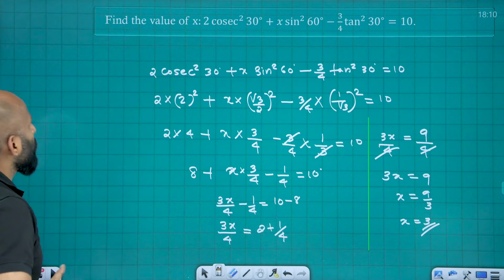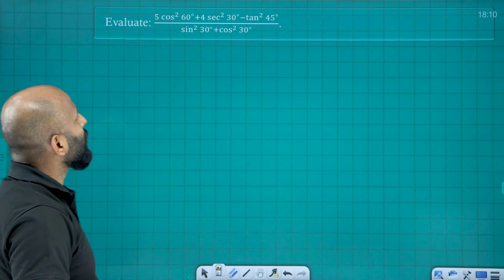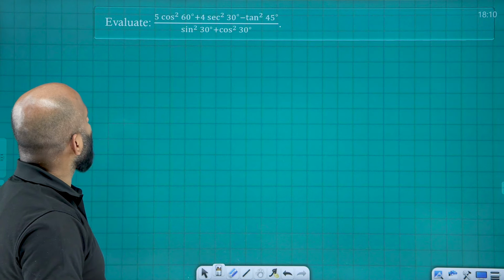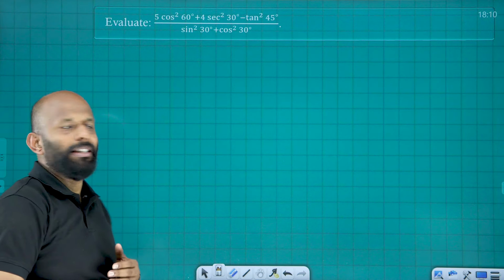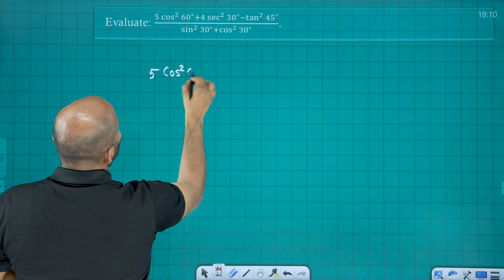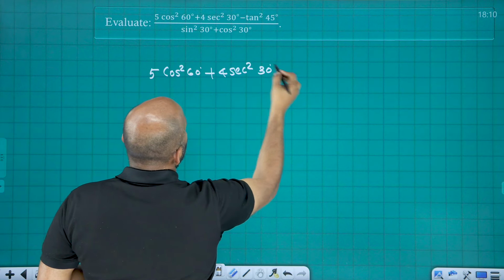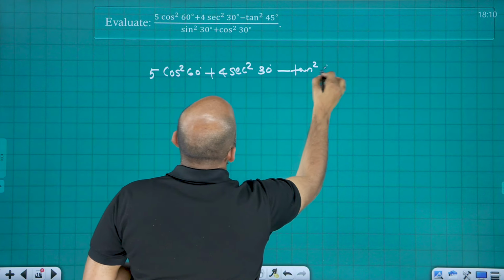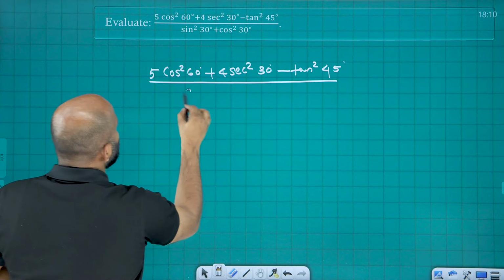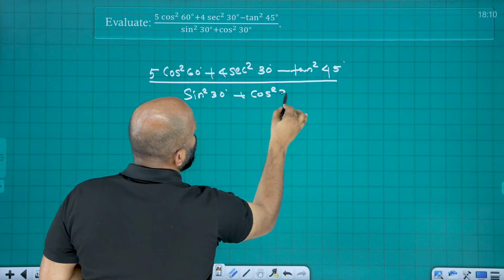Our next question is, evaluate 5 cos square 60 degree plus 4 sec square 30 degree minus tan square 45 degree, whole divided by sin square 30 degree plus cos square 30 degree. Now, here the given expression is 5 cos square 60 degree plus 4 sec square 30 degree minus tan square 45 degree, whole divided by sin square 30 degree plus cos square 30 degree.